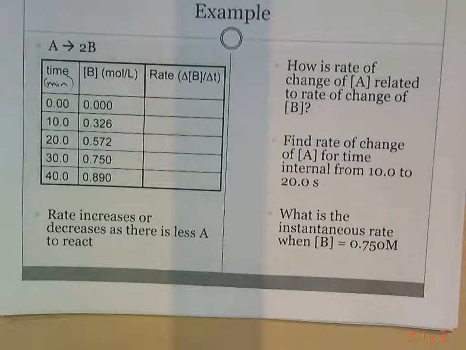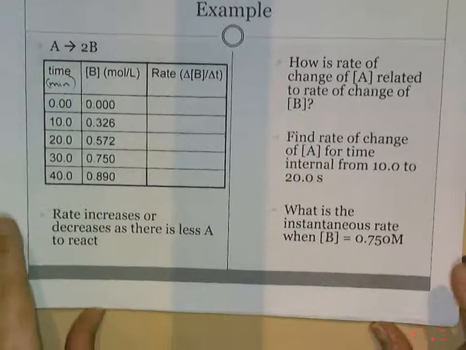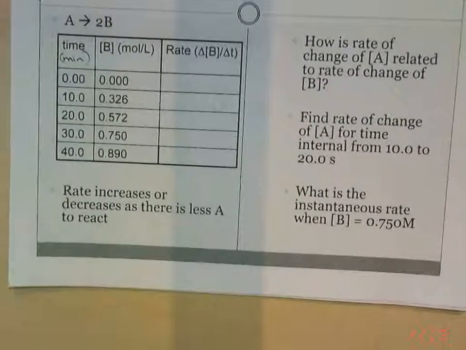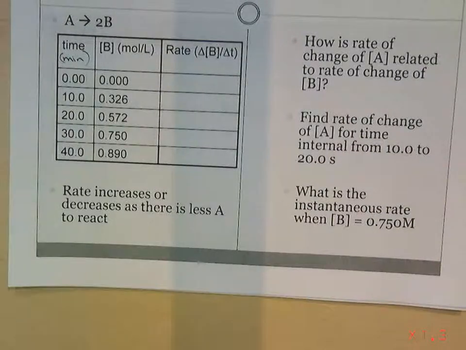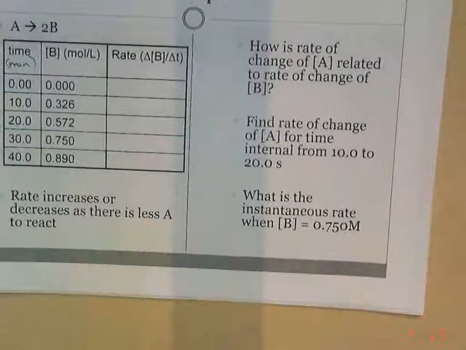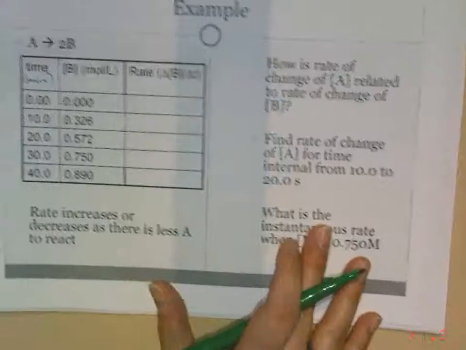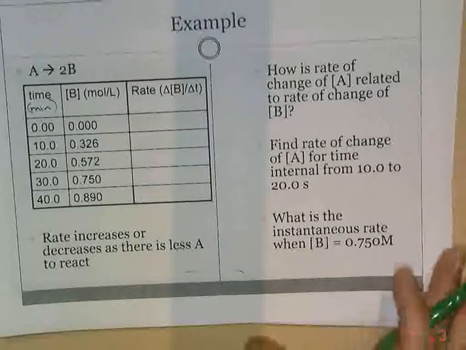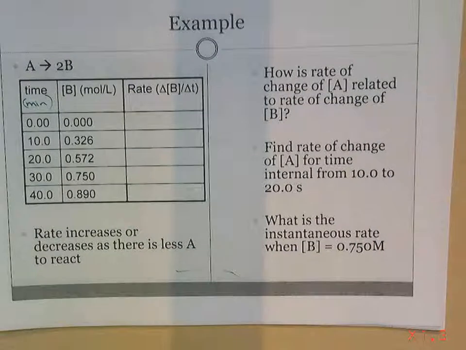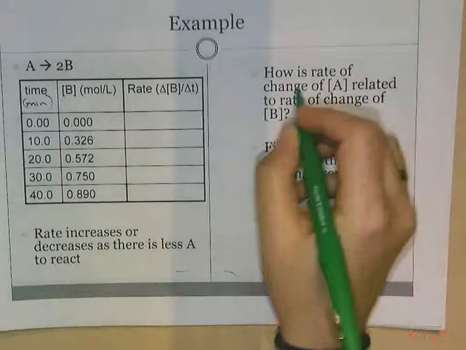So the first thing I want to ask is, what is my rate equation based on A and B? So I want to do just like we did. I want to have delta A equal delta B, right? So I want to have, how is the rate of change related?